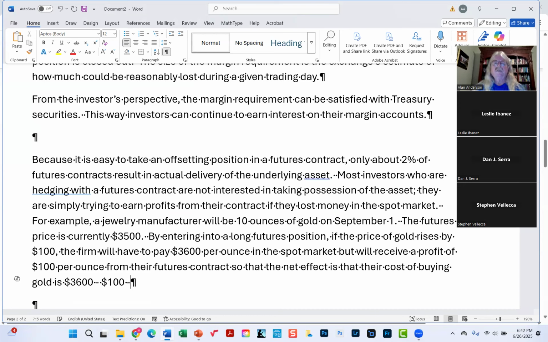So you're actually going into the market and buying the gold for the market price or spot price, but you get a profit from your contract.